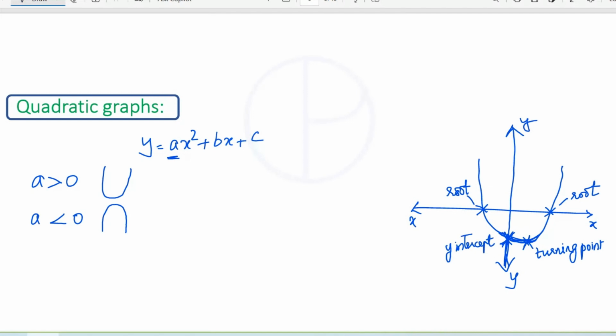Completing the square helps us to find the turning point of a quadratic graph. If completing the square is of the form a multiplied by (x minus h) the whole squared plus k, then (h, k) is the turning point.